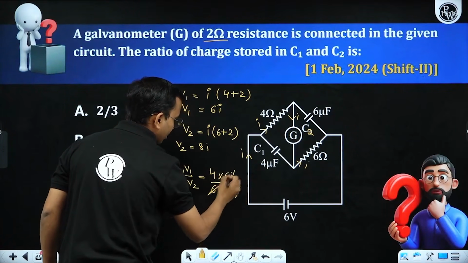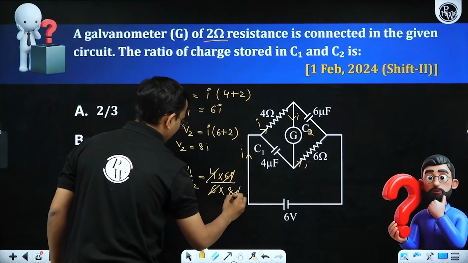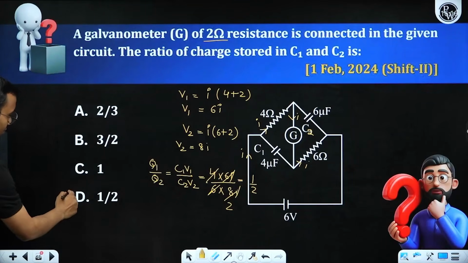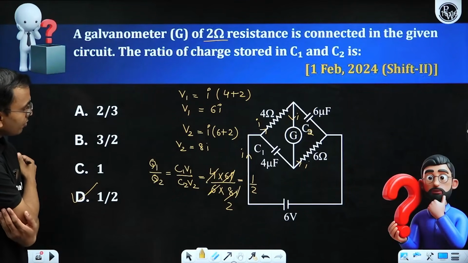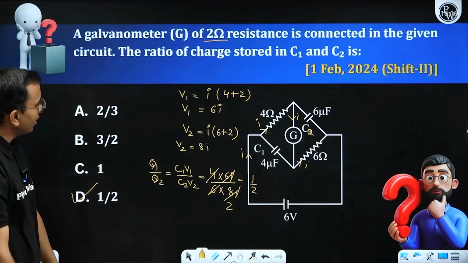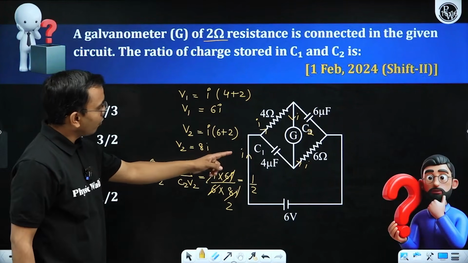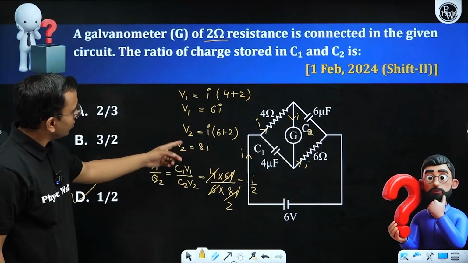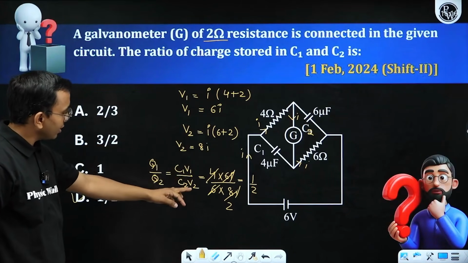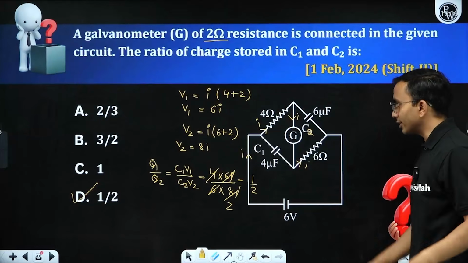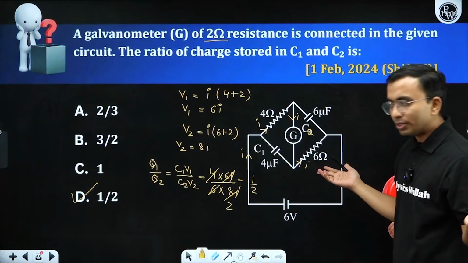I got cancelled, 6 got cancelled. This becomes 1 by 2. D option. Everything is fine? C1 by C2 is my 4 by 6, V1 by V2 is 6 by 8, and that comes out to be 1 by 2. Perfect. So at steady state, capacitor behaves like an open circuit.